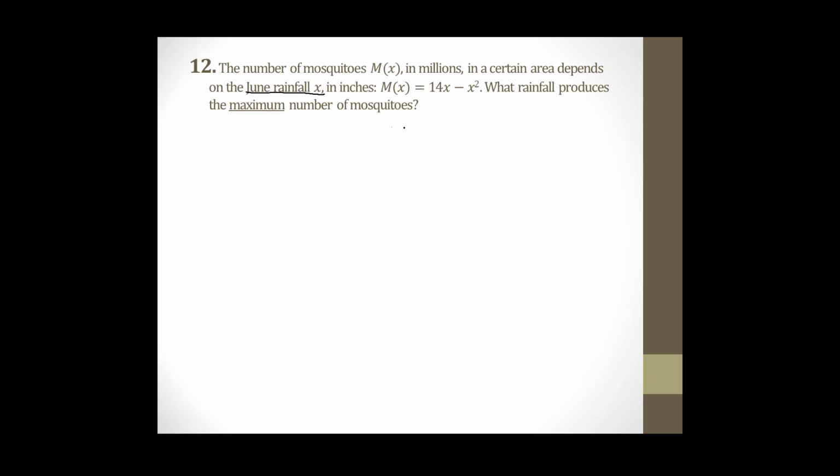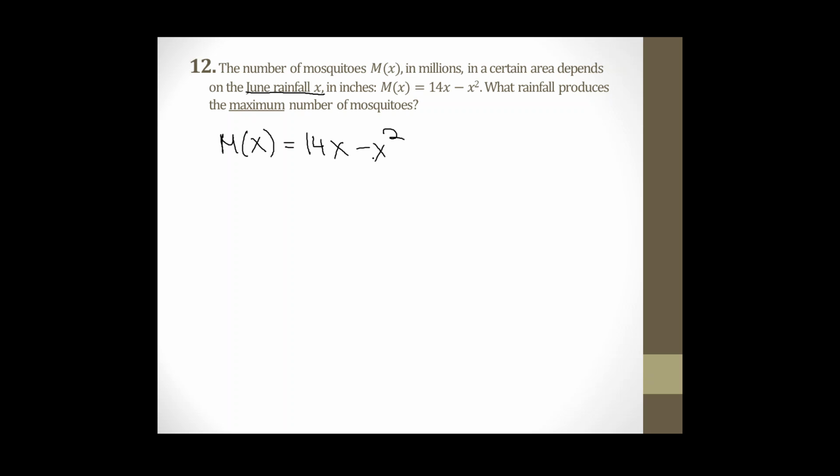There are different ways of solving that. First of all, let me write down the most important information, which is the equation. This is the equation to find out how many mosquitoes were produced in a certain month of rainfall: 14x - x².